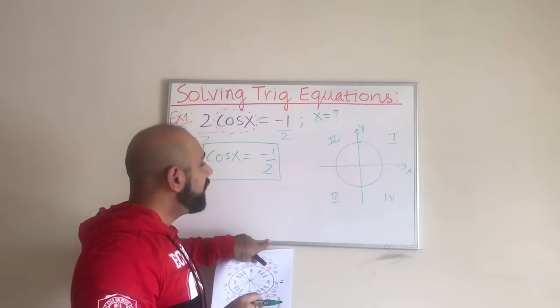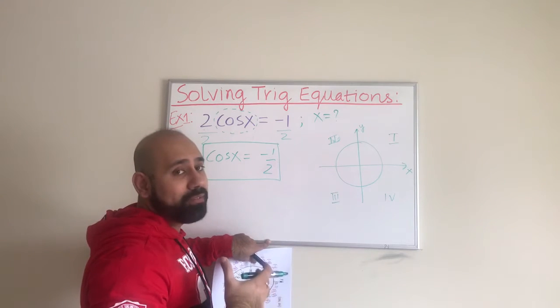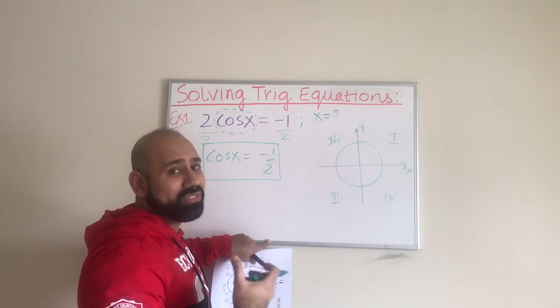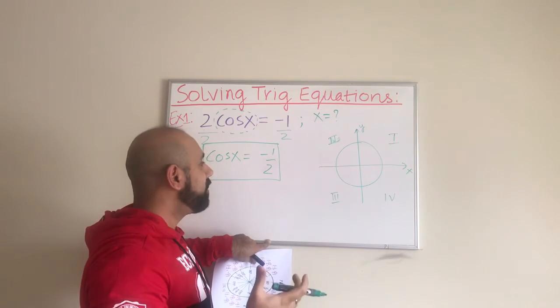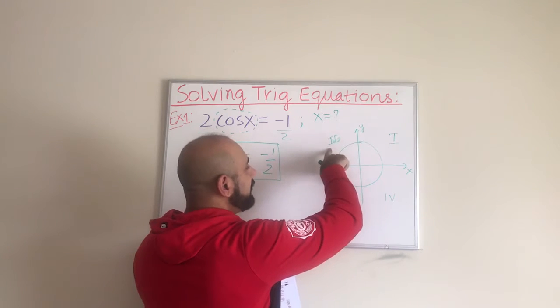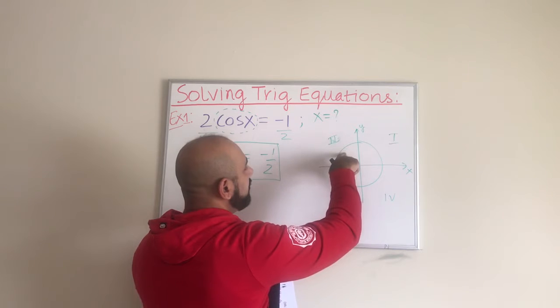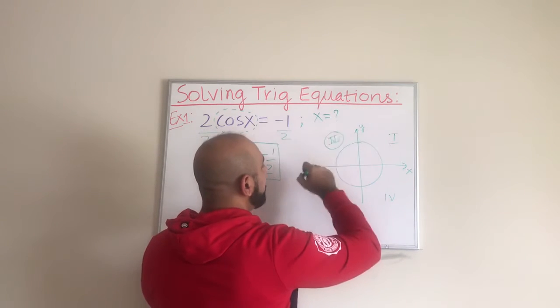So let us see where we can find that angle, because having a negative value for cosine probably restricts it to one or two quadrants. So here everything is positive, here only sine is positive. That means cosine is negative, so we can find negative cosine in the second quadrant.